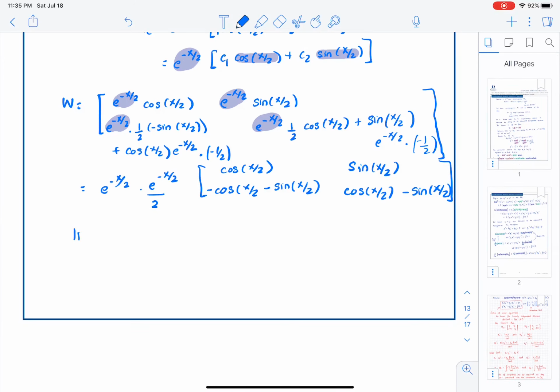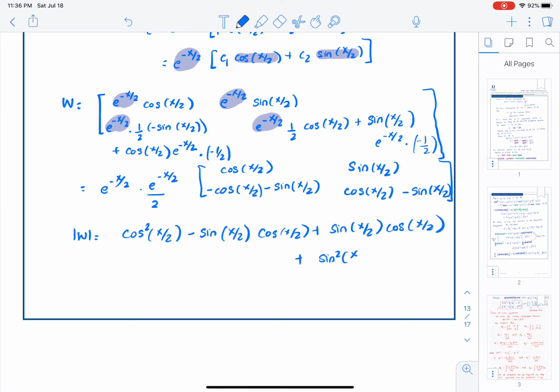So the determinant of W is cosine squared x over 2 minus sine x over 2 times cosine x over 2 plus sine x over 2 cosine x over 2 plus sine squared x over 2.